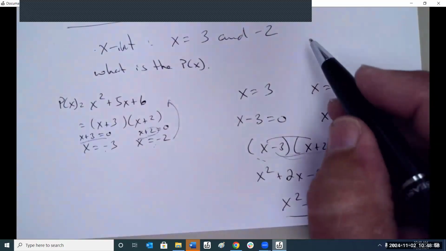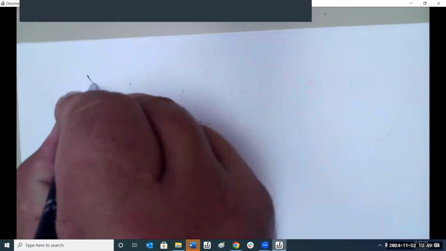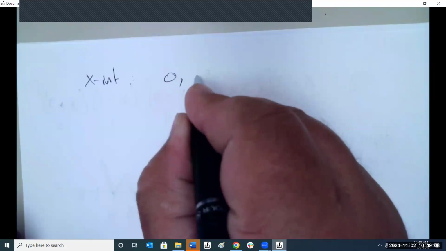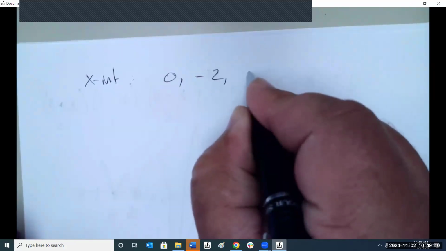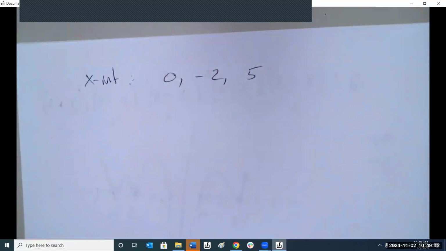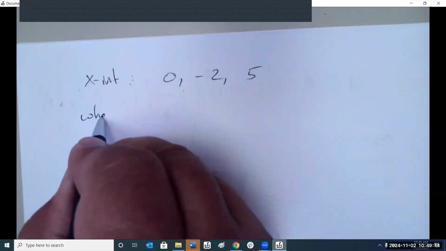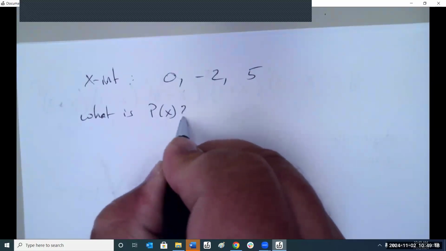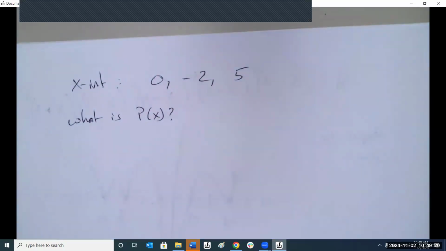It also doesn't matter how many of those I give you. Say the x-intercepts were 0, negative 2, and 5. What is the polynomial? What's the degree of that equation?